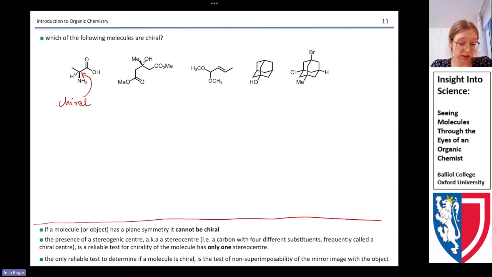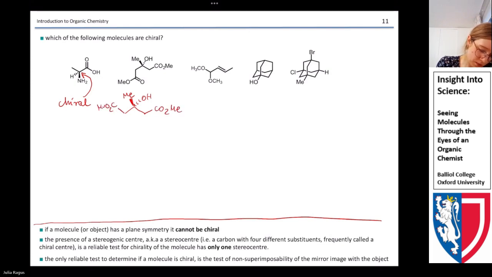Then we've got the second example, which might seem chiral at first, but if you redraw this molecule, you can see that these two are the same, meaning that the carbon in the middle is not a stereogenic center. So this molecule is achiral.